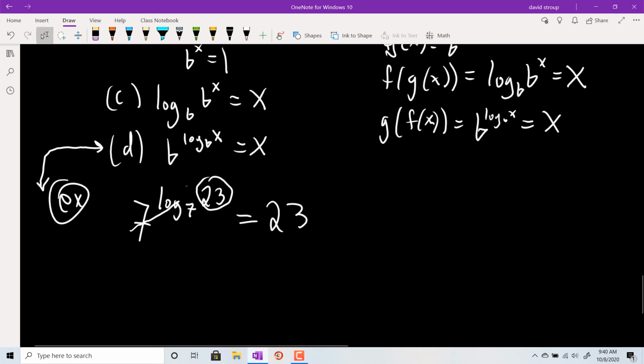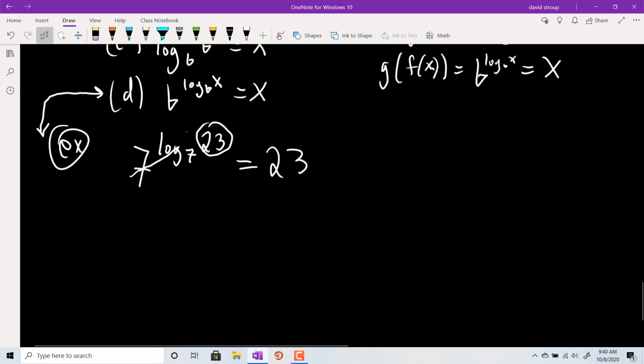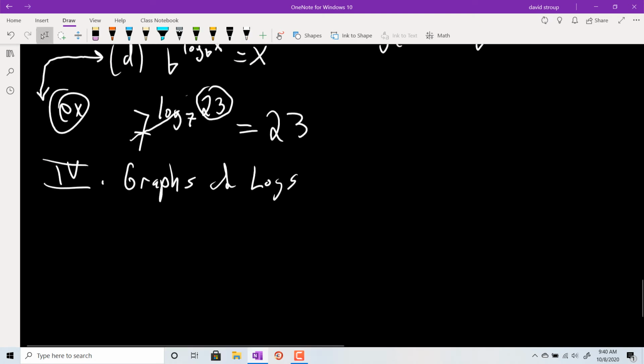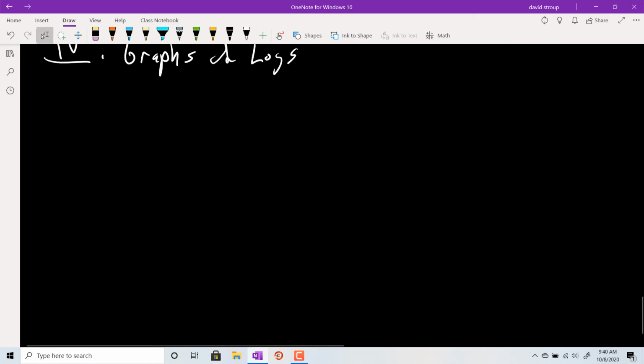Okay, the next part then is what do these look like? So we want to look at the graphs. Now that we can evaluate them, we could do a table of values. Well, we're not even going to go that way.